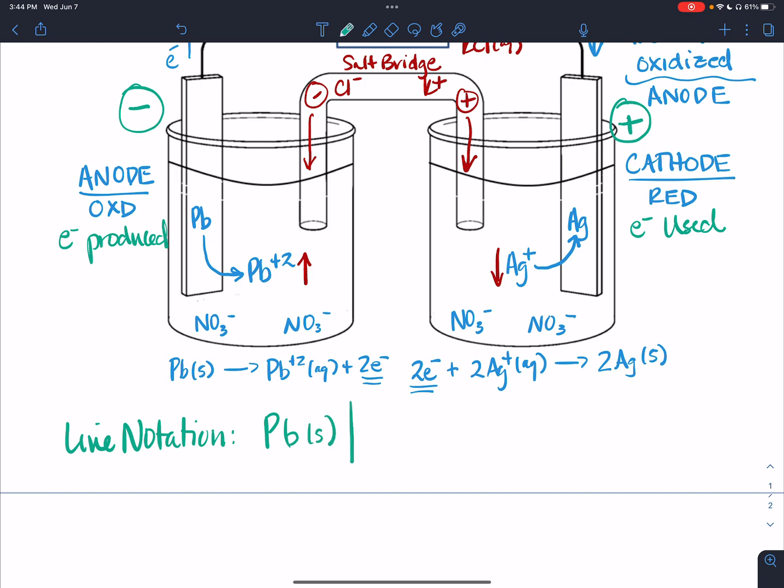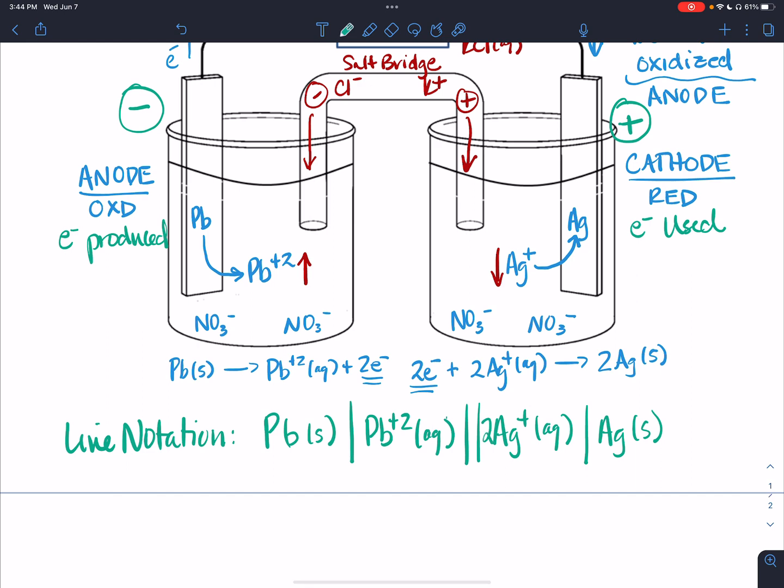And then we use a single line to represent the phase change to lead plus 2 ions. And then a double line to represent the salt bridge to show the two separate beakers. And then we start with the ions, silver plus aqueous, and then a single line to show the phase change, silver solid. So our line notation would look like this for this particular setup.